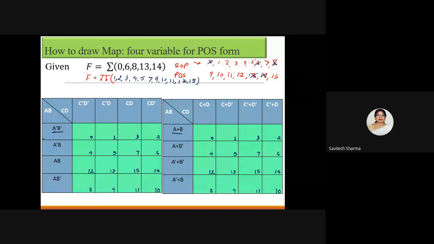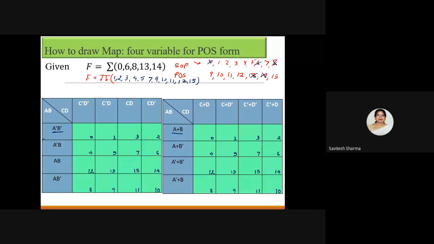A plus B, because in the answer I want a POS form, product of sums. I wrote the dual of A complement B complement. Here you see A complement B, I am writing A plus B complement. I am just writing the dual of these min terms.